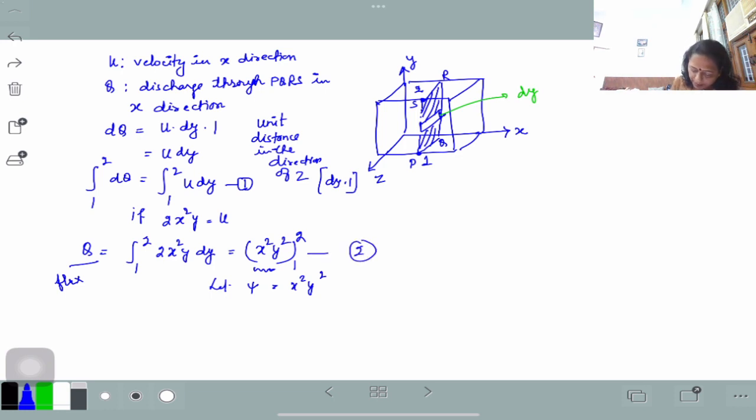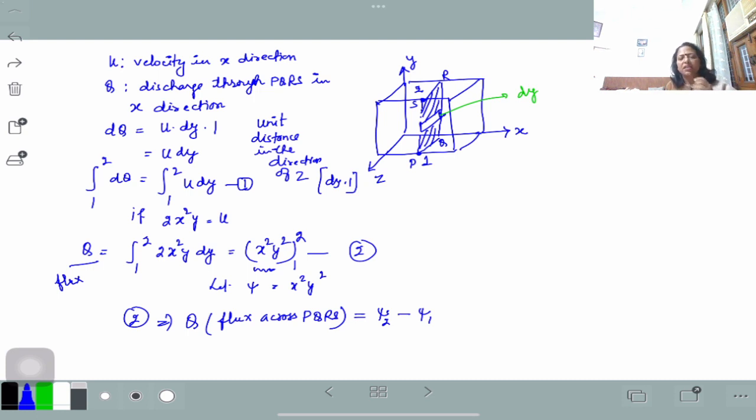Then this implies that Q, that is flux across PQRS, is equal to psi 2 minus psi 1. What is this psi 2 minus psi 1? You see, this is 1 and this is 2.